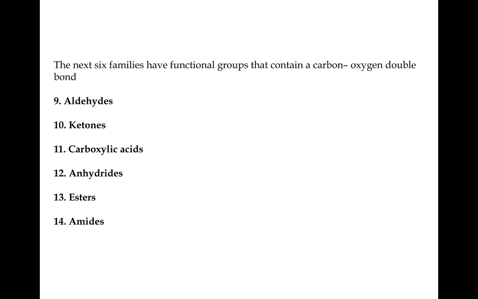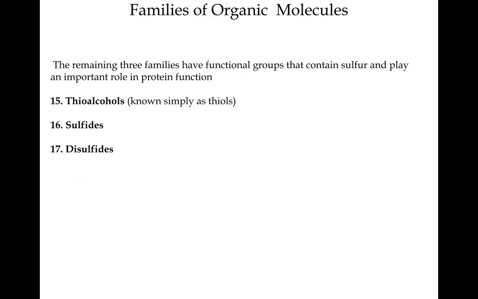And then whatever else it's bound to makes it these different families, whether it's hydrogen for aldehydes, another carbon for ketones, hydroxyl group for carboxylic acids, and etc. And then the final three families are functional groups that contain sulfur in some role, right? And like I said, these are important biologically, particularly with our proteins. Okay, so I think that does it.